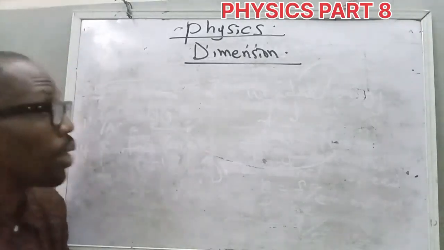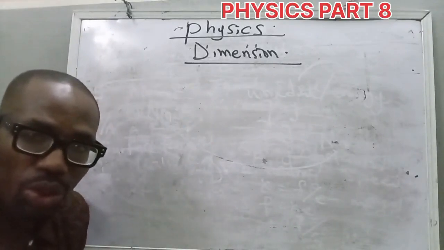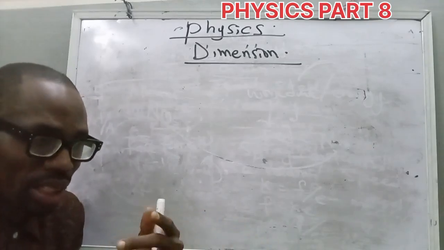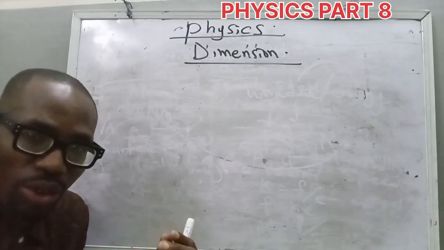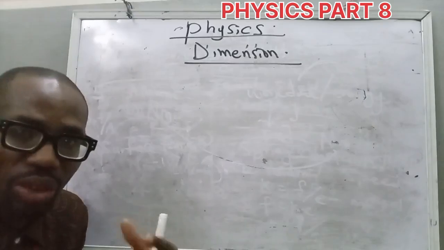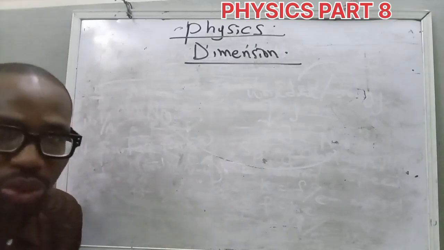Is that clear? Dimension is used to compare two or more physical quantities, as the case may be. And it can be used to test the validity of a formula, to give us what we call dimensional homogeneity.